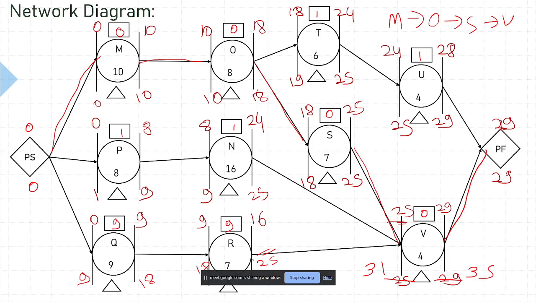In this case, our project finish was 29. So if we increase it from 29 to, let's say, 31, will we start getting free float everywhere? It may. If we increase that and provide some condition to a particular activity, then only you can get it.